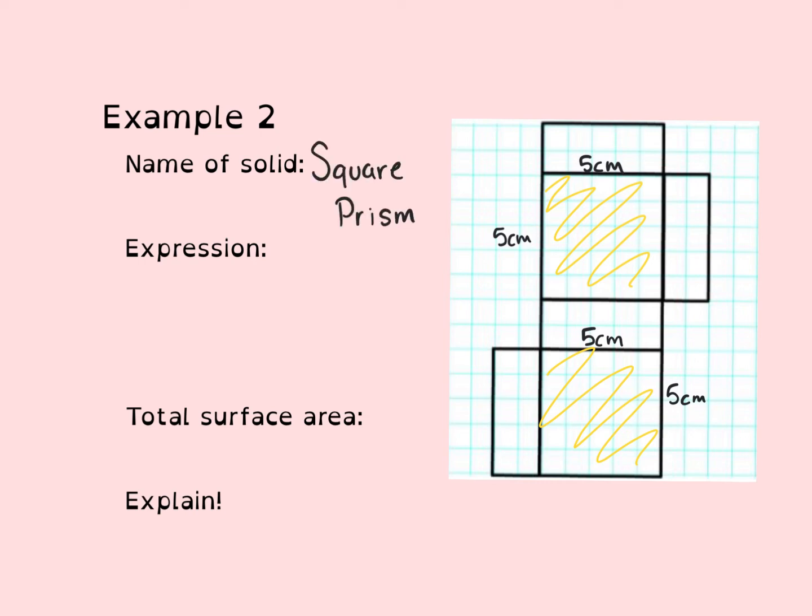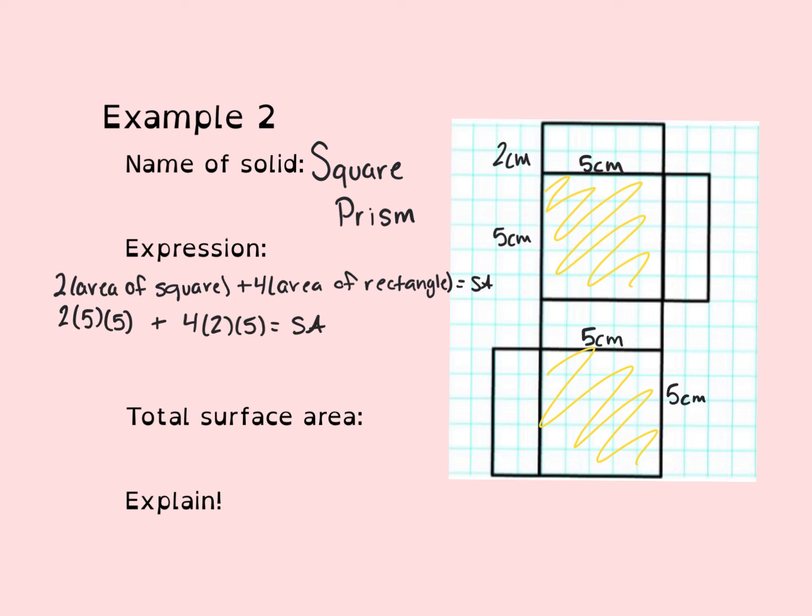To find the surface area of this shape, we're going to have to find the area of our 2 square bases, and we'll have to find the area of the 4 rectangles that we have as our other sides. I have created an expression that says 2 times the area of the square plus 4 times the area of the rectangle will give me the total surface area of this shape.